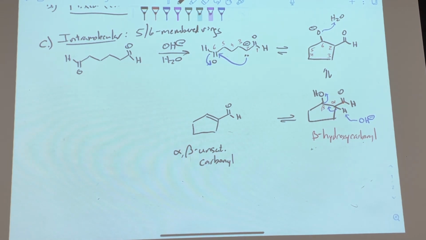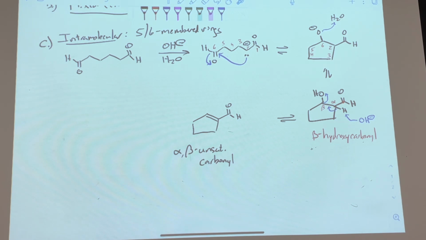Number two, the other driving force for this, or the compensating factor, you might say, is the fact that you end up making this highly conjugated system as a result. So you get compensated for the loss of a bad leaving group, and also these mechanisms just aren't as sensitive as SN2 mechanisms were to leaving group ability.